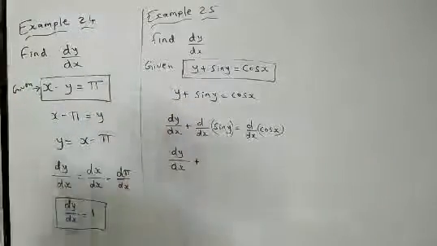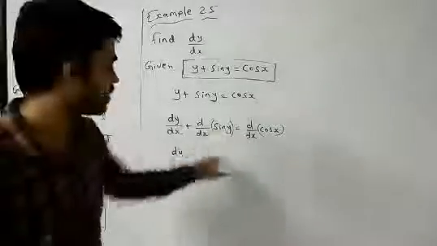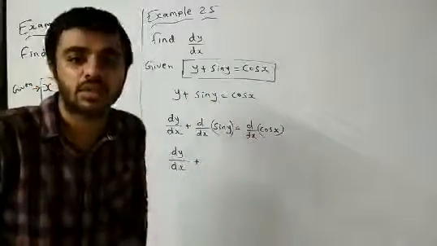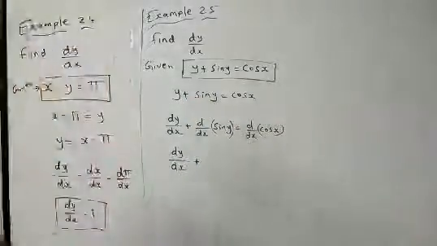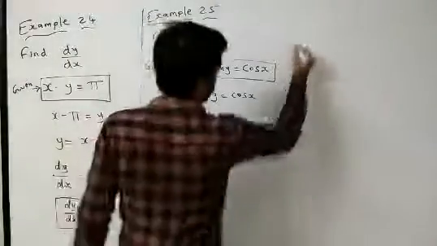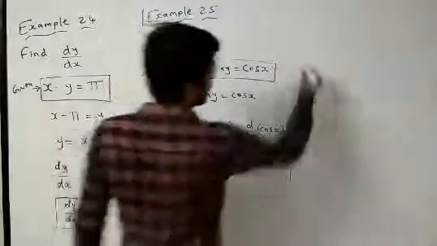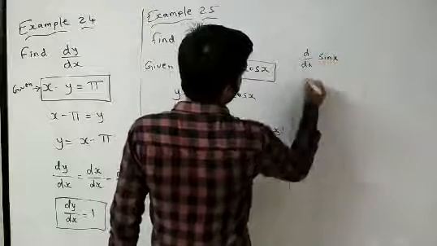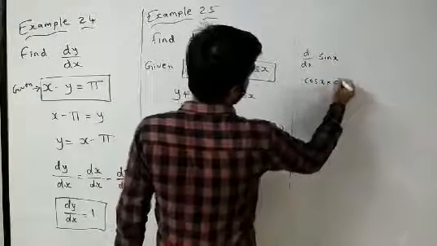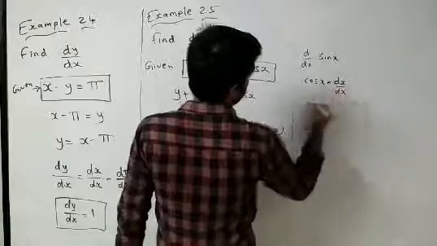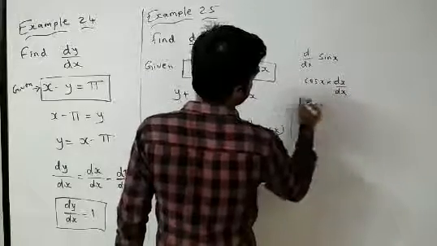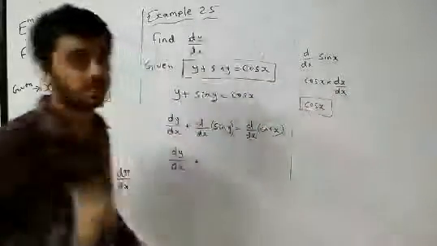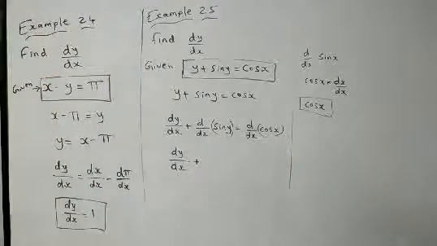Now the main thing over here, where our question lies, is sin y. Okay, what is the derivative of sin? That is cos. But d by dx of sin x is cos x into dx by dx. So our answer is cos x. Understand this carefully.